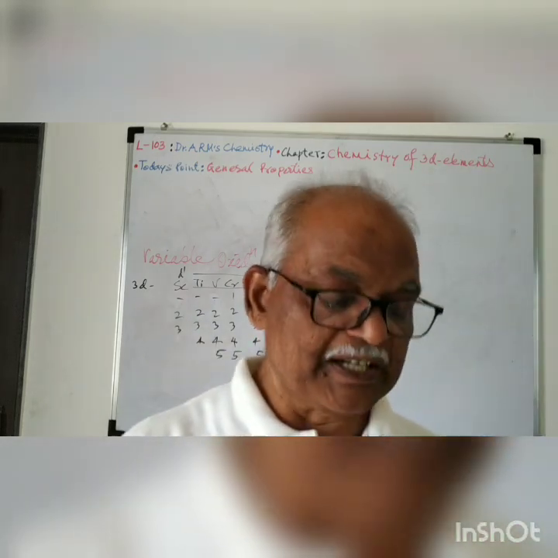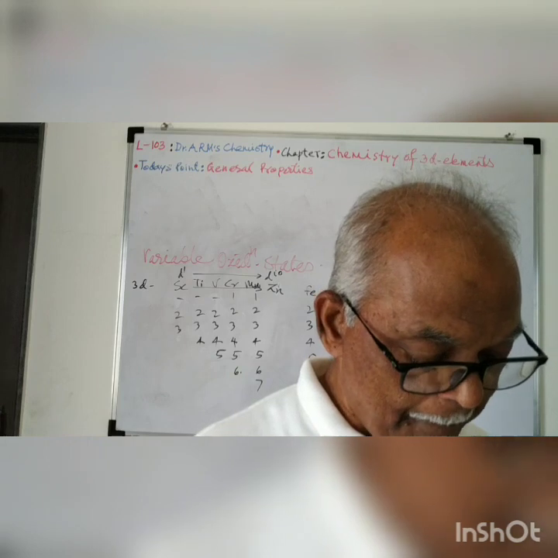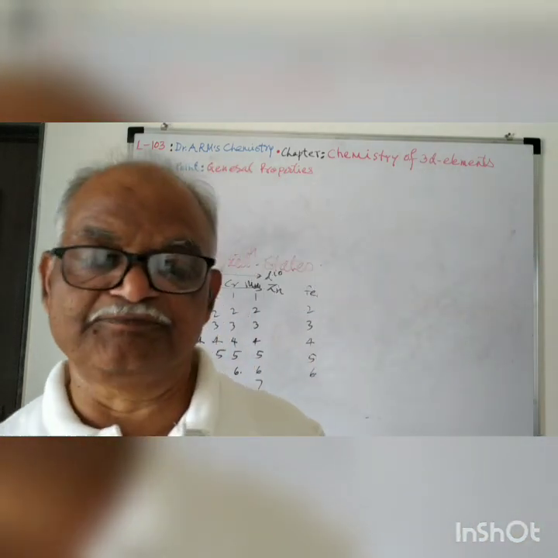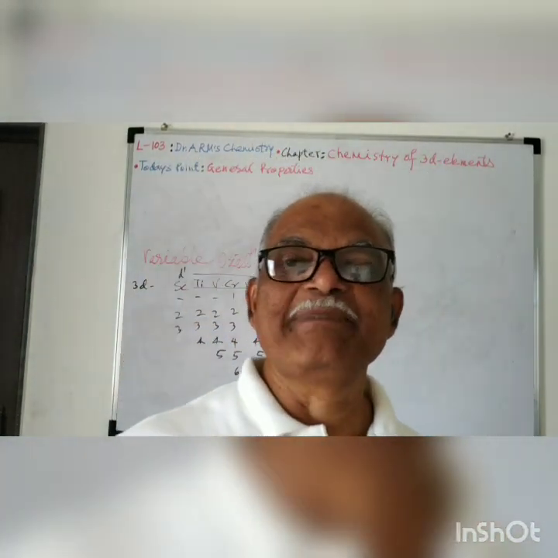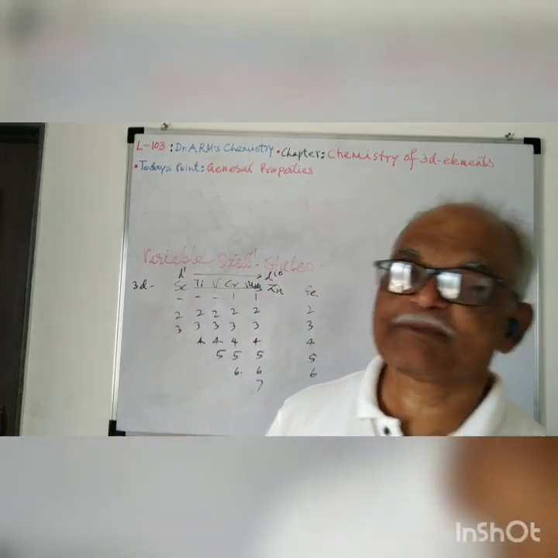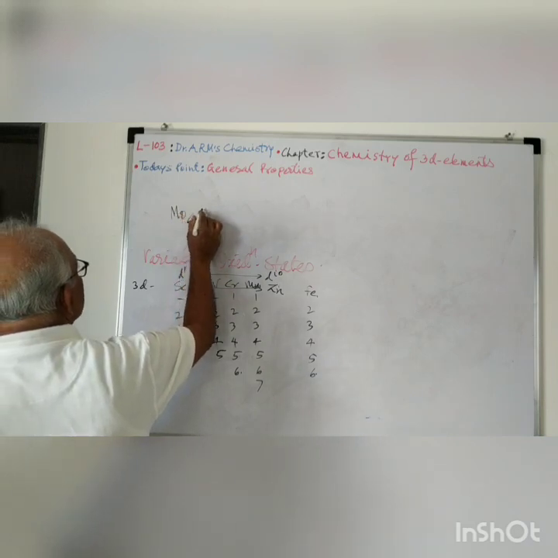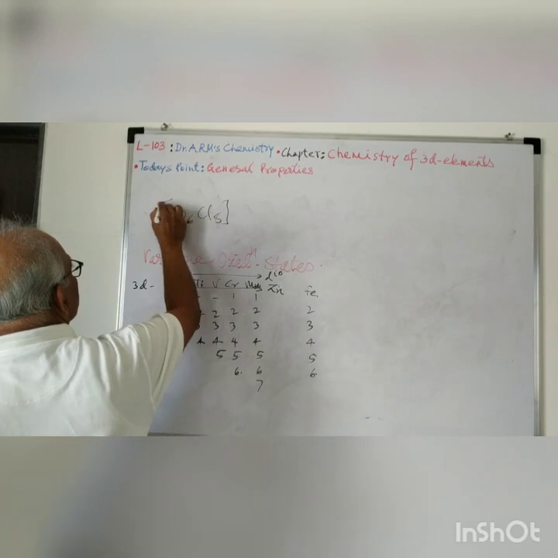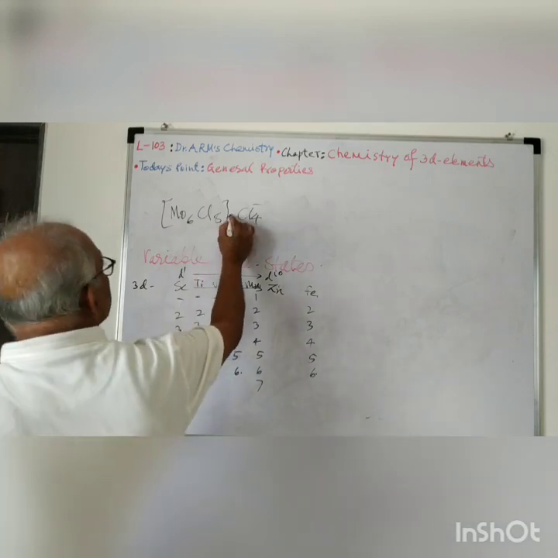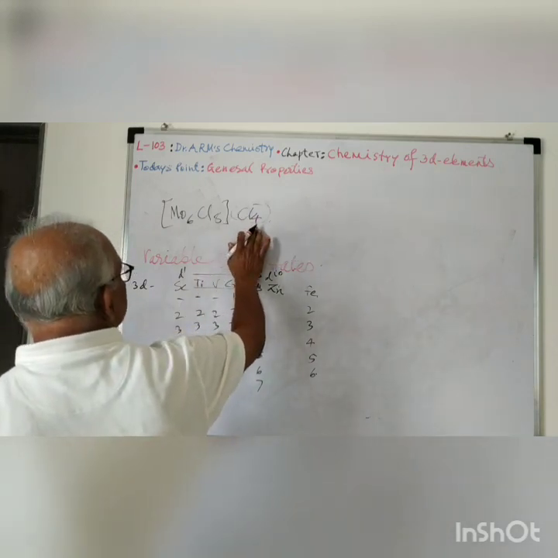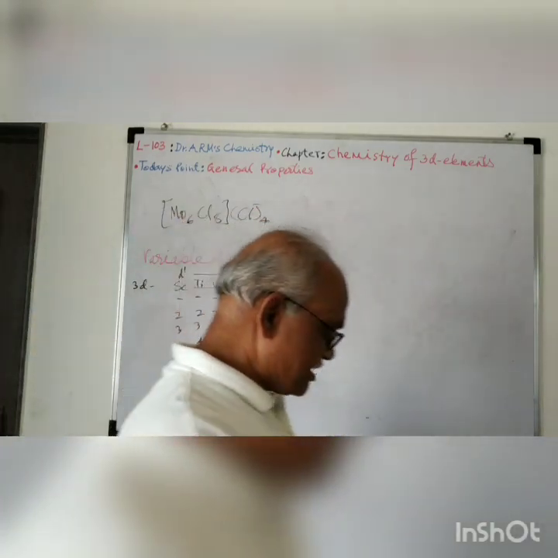Similarly, there are variable oxidation states also in the 4D and 5D series. These 4D metals, for example molybdenum, give metal-metal bonding in their complex species, such as Mo6Cl8 and Cl4 minus.